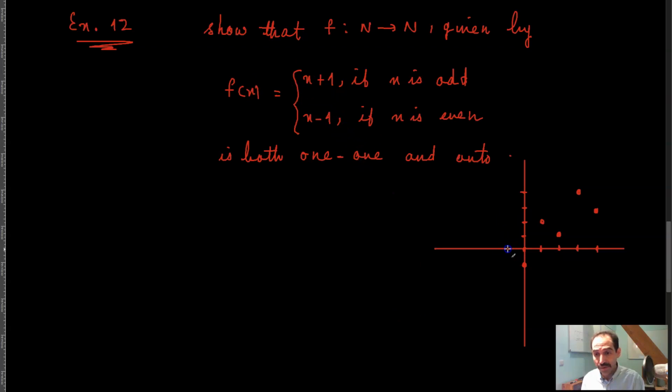If x is equal to -1, it's an odd number, so -1 plus 1 is equal to 0. If x is equal to -2, it's an even number, -2 minus 1 is equal to -3, which is this point over here. If x is equal to -3, an odd number, -3 plus 1 is equal to -2.